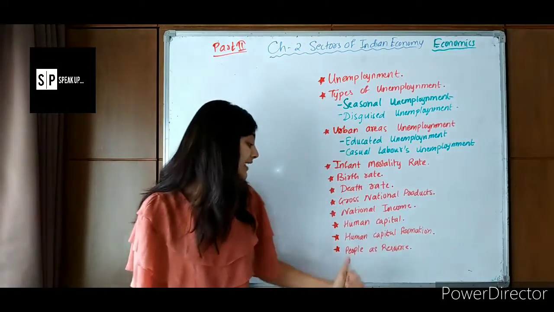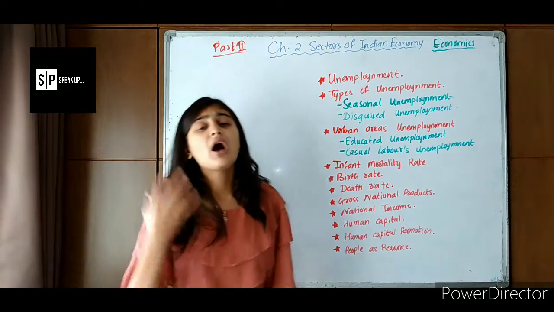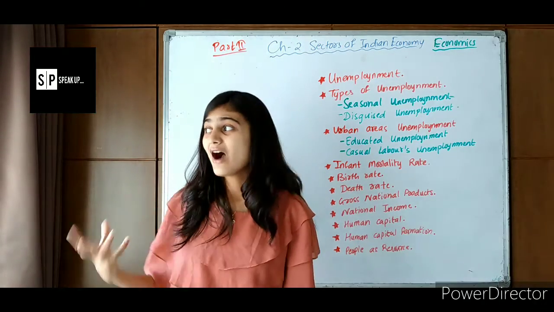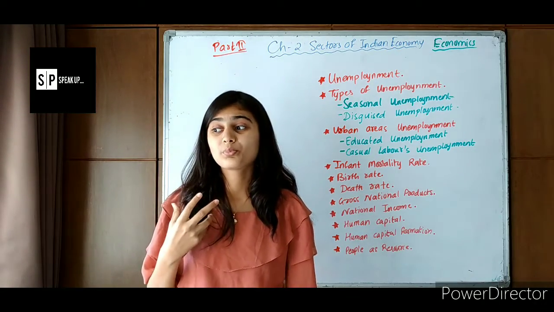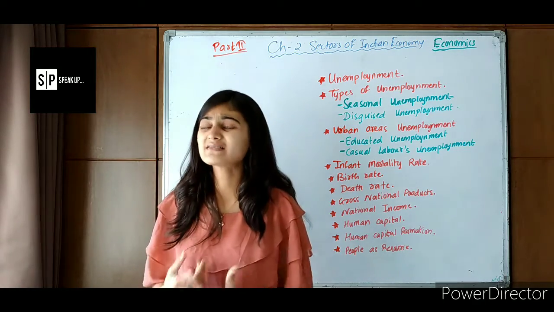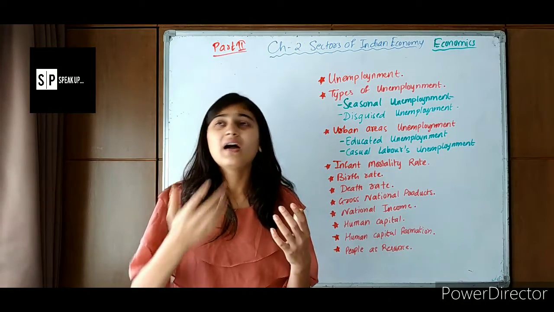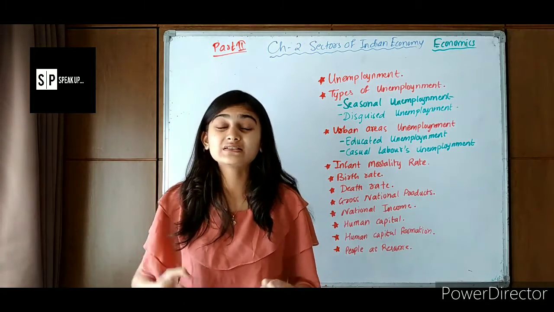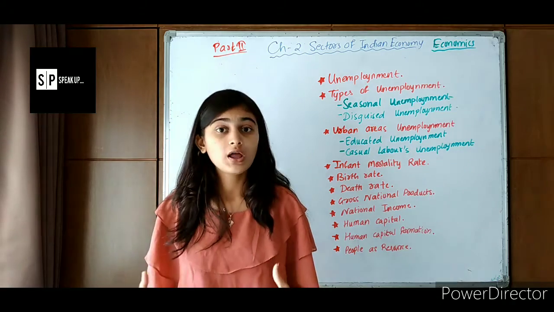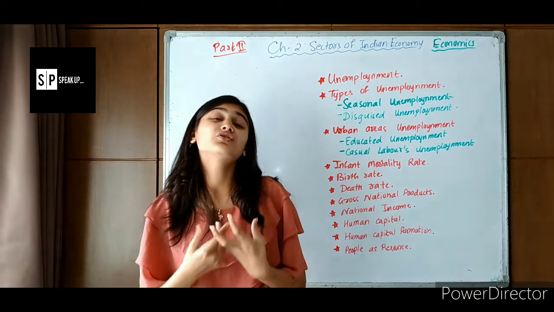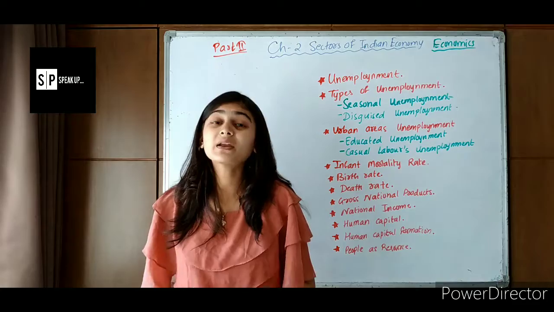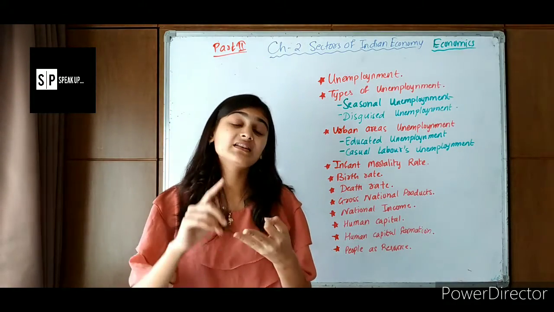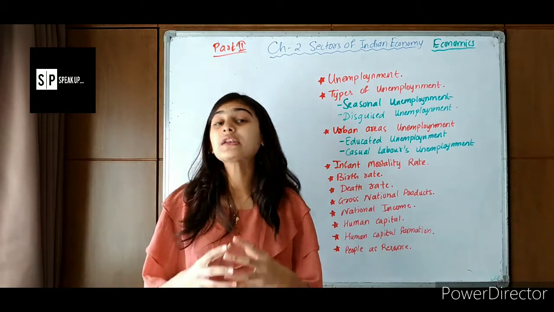Then comes people as resource. Now how are people acting as resource? People are acting as resource because they have the skill, they have the enterprise to work, and anything which is useful in utilization in our day-to-day requirement, which is culturally acceptable, economically feasible, and technically accessible, is known as resource.